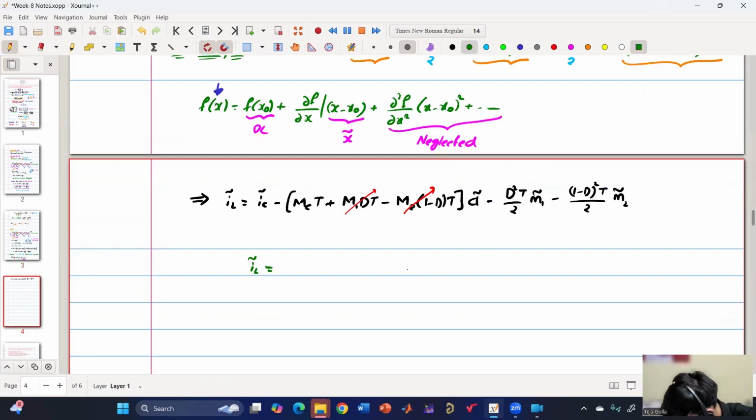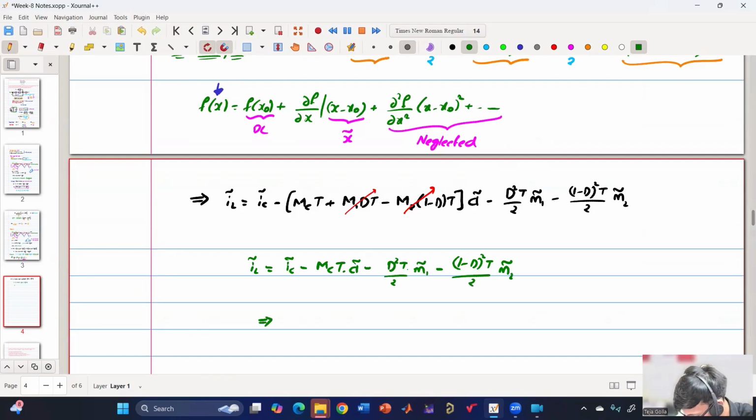So now we will get IL perturb is equal to IC perturb minus MC into T into D perturb minus D square T by 2 into M1 perturb minus 1 minus D whole square into T by 2 into M2 perturb.